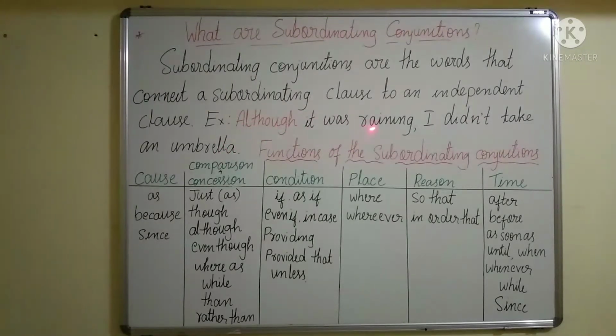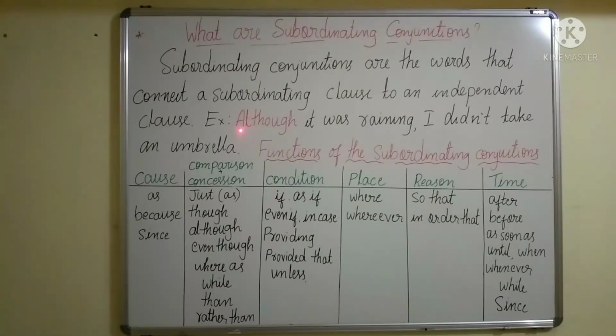There is a subject, a verb, and also an object. So it makes complete sense without the subordinating clause. Hence it is called an independent clause.